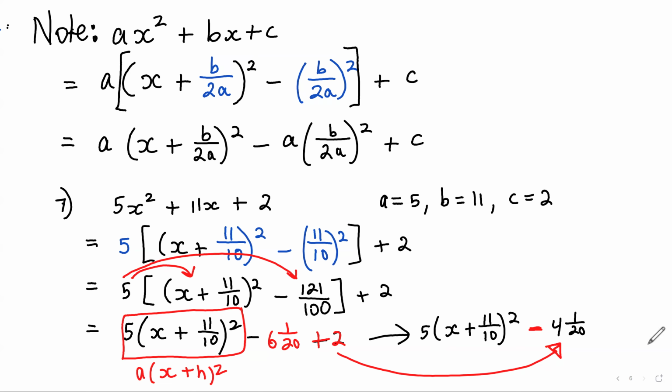Yeah. All right. You and I are gonna do one together, okay? Let's go. So let's say we have 3x squared minus 10x plus 3. All right, Athena. First of all, what is A, B, and C there?